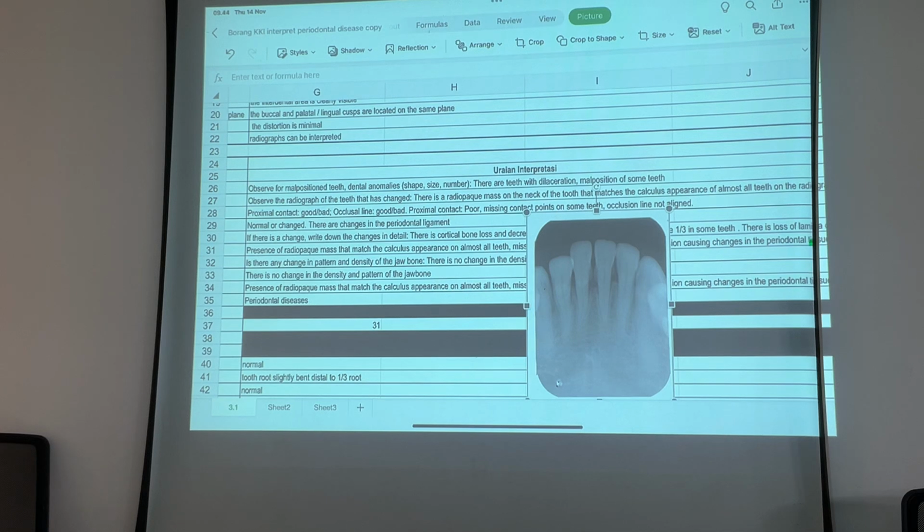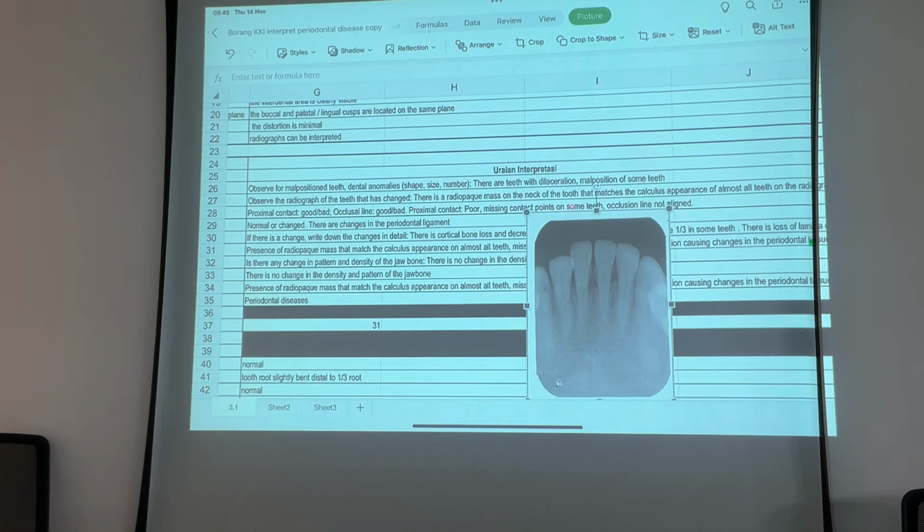The next one is the relation of the teeth. When we talk about the relation of the teeth, then we focus on the proximal contact and occlusal line. So how is the proximal contact and occlusal line? Proximal contact, is it good or not? Some of the teeth, the proximal contact is good. Bad.